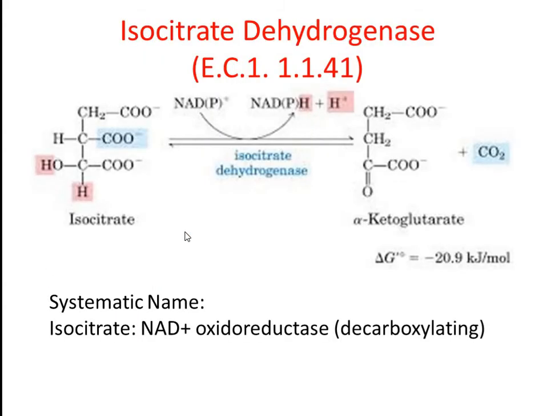The second example of oxidoreductase is isocitrate dehydrogenase, which is written by EC number 1.1.1.41.